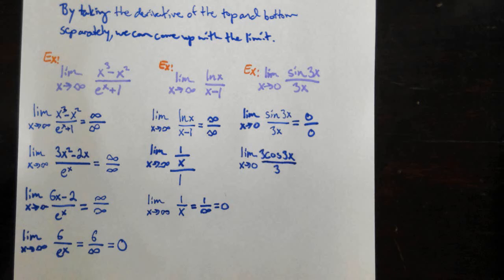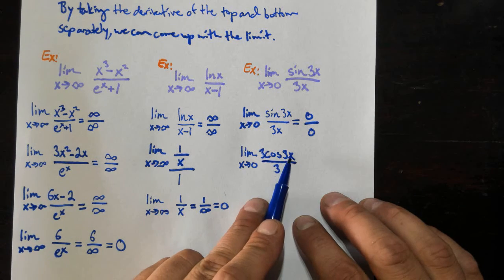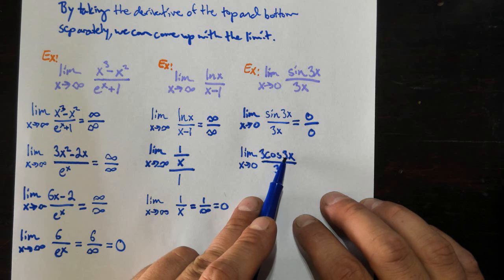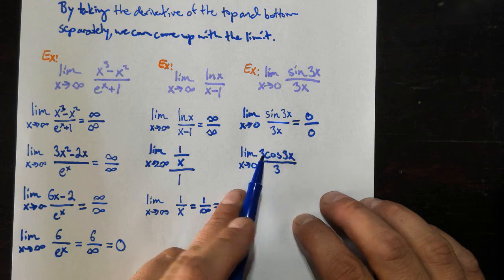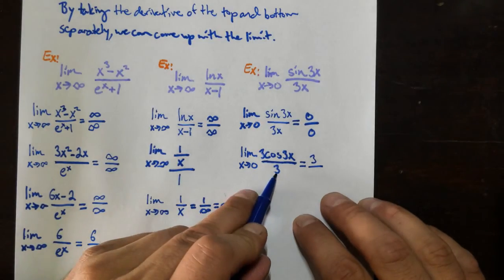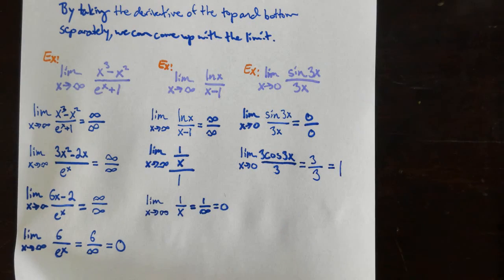We plug in 0 for the x here. 0 times 3 is 0. Cosine of 0 is 1, times 3 is 3, over 3, so that is just going to be 1.